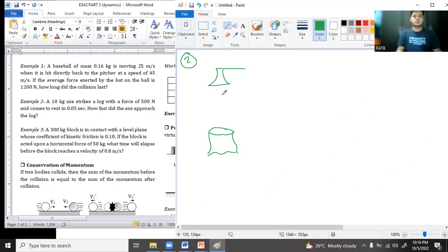The force exerted by that person is given as 500 Newton, and the axe strikes the log for a period of 0.05 seconds.